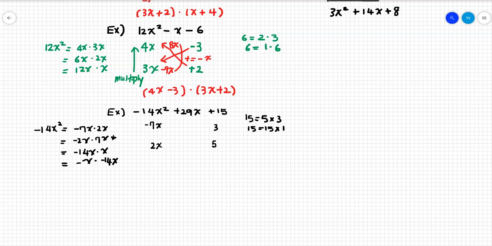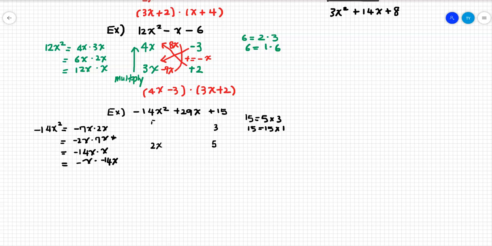Now the problem here is that I'm going to have a minus 35x. I cannot use the minus sign here. So we might have done something wrong with the first one that we tried. Maybe I was right. Hang on a second, I'm just going to rewrite this.